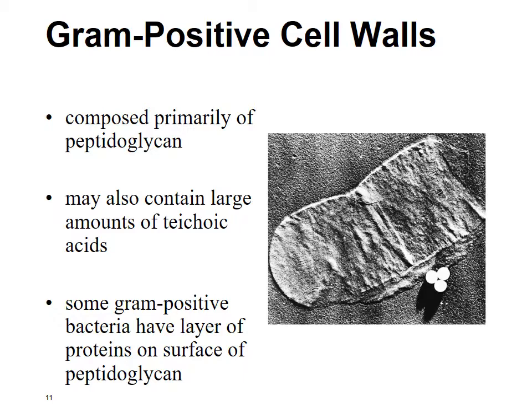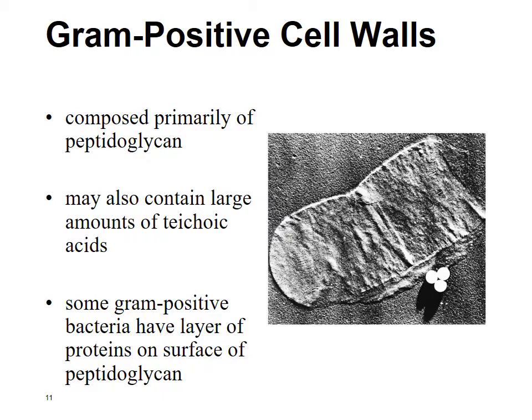Some gram-positive bacteria have a layer of proteins on the surface of the peptidoglycan. So for example, Staphylococci have these attached proteins that are involved in interactions of the cell with the environment. And some of these proteins even have roles in virulence, such as aiding in adhesion of the bacterium to host cells.